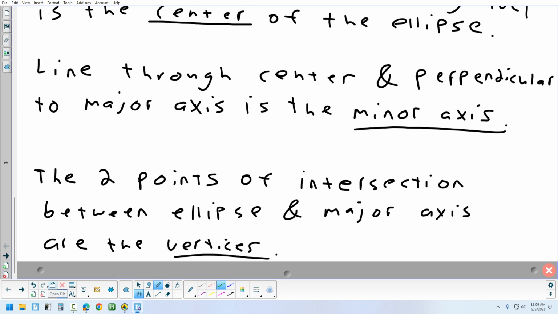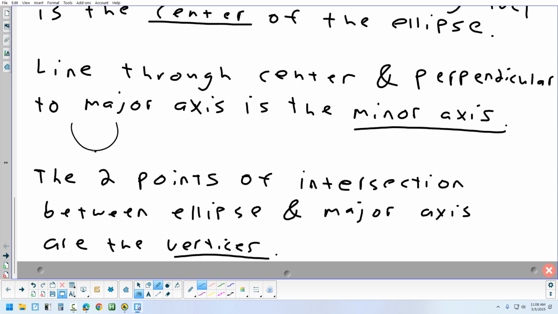Okay, we also have what are called vertices. And the vertices are where the major axis intersects the ellipse. An ellipse always has two vertices. Versus if you think of like a parabola, this point right here, that's the vertex, single vertex.